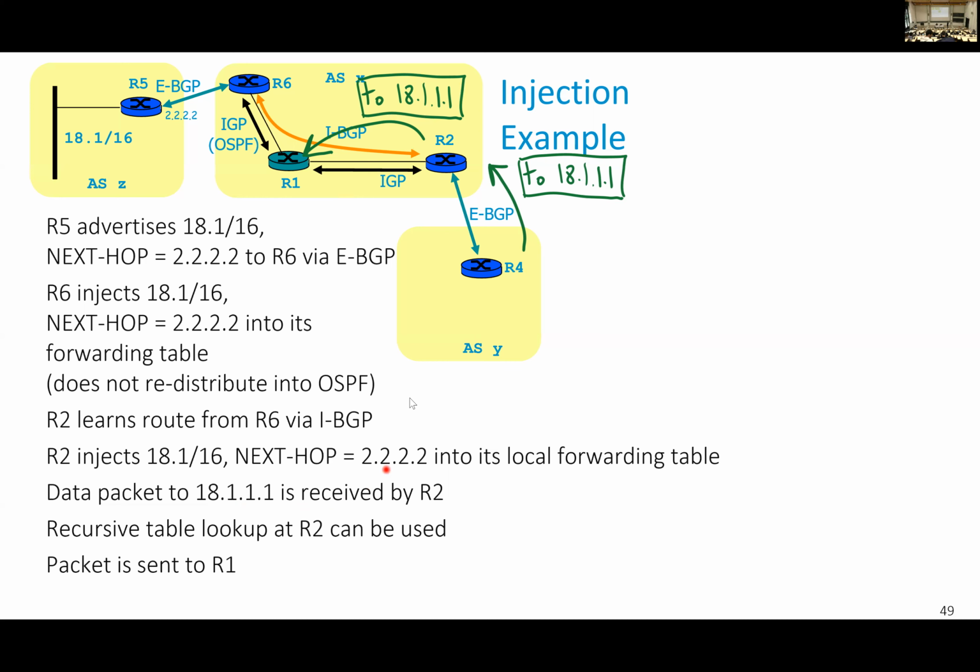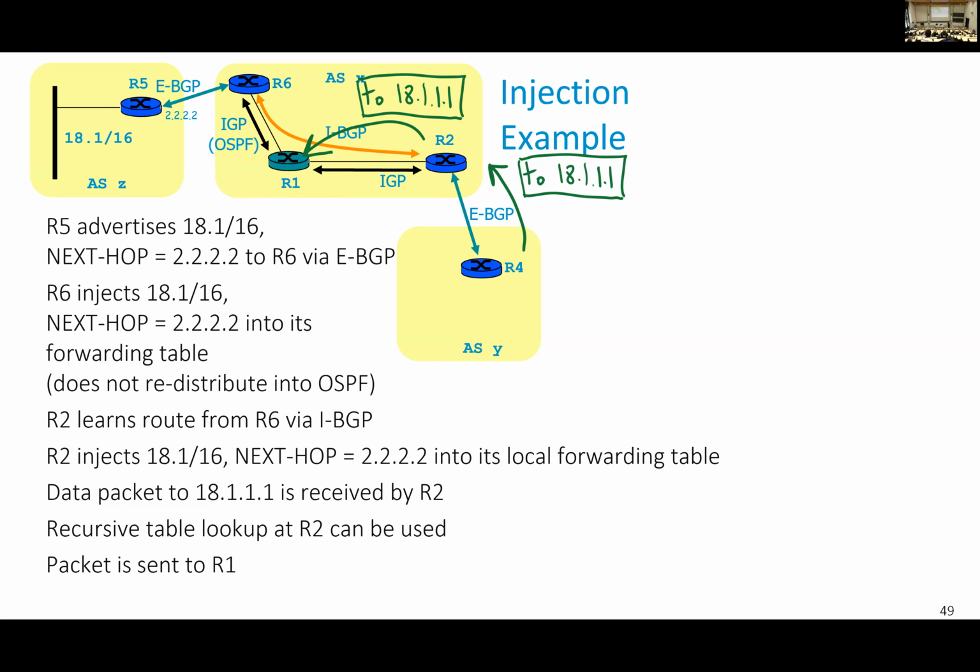R2 injects the next hop into its local forwarding table. And the data packet, when it is received by R2, will be forwarded to R1 because R2 will look up the table and find next hop 2222, which is not on link with R2. So R2 knows that's a case for recursive table lookup. It will do another lookup and ask the question, how can I get to 2222? Now, 2222 is an IP address that is considered internal to this domain.